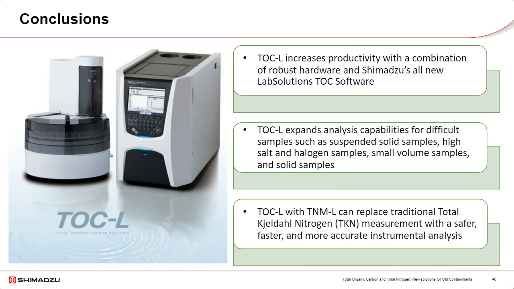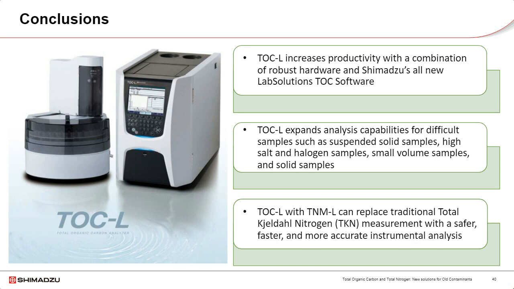So I know there's a lot of information to take in a short amount of time. So I just want to highlight the main takeaway points from this presentation. First of all, the TOC-L increases productivity with a combination of robust hardware and all new LabSolutions TOC software.